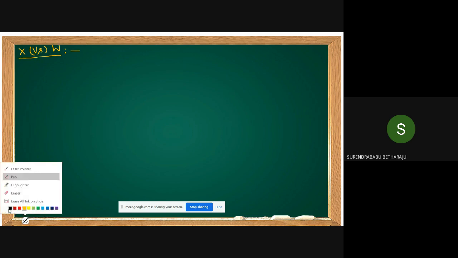Yes, friends, concentrate. It is easy to understand. Here I am drawing the X versus omega curve. On the x-axis I have taken omega.